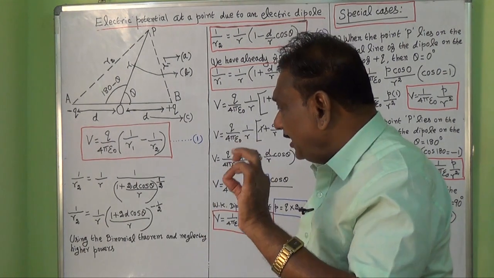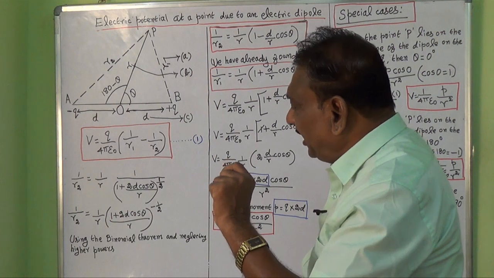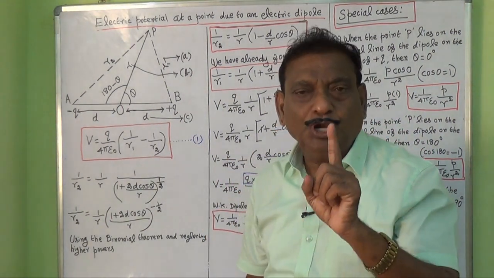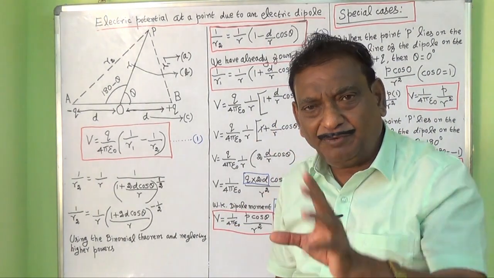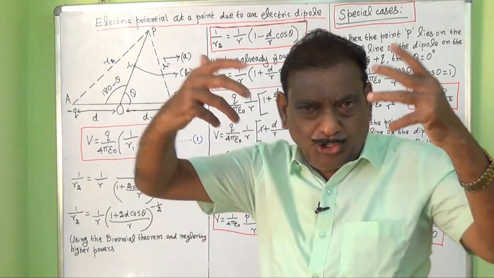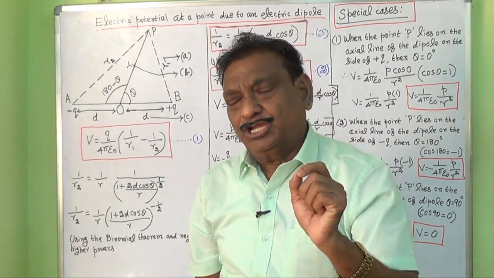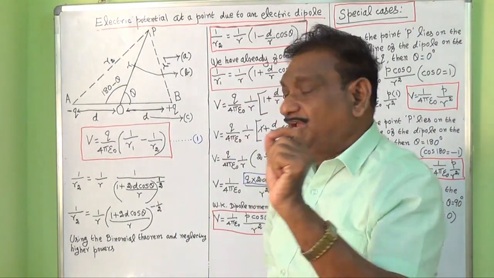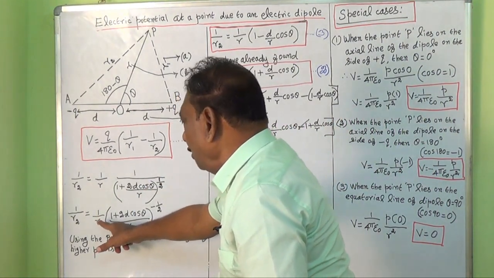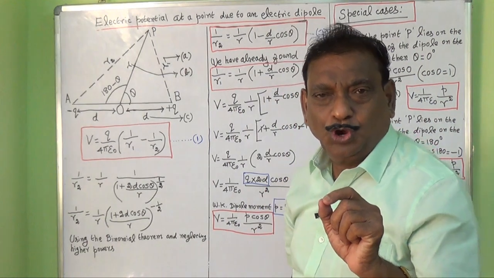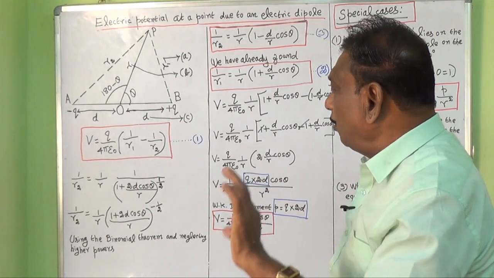If we bring the factor in the denominator, that is 1 plus 2D cos theta by R the whole power 1 by 2, to the numerator, the sign of the power will be changed, so that the equation obtained is 1 by R2 equal to 1 by R into 1 plus 2D cos theta by R the whole power minus 1 by 2.